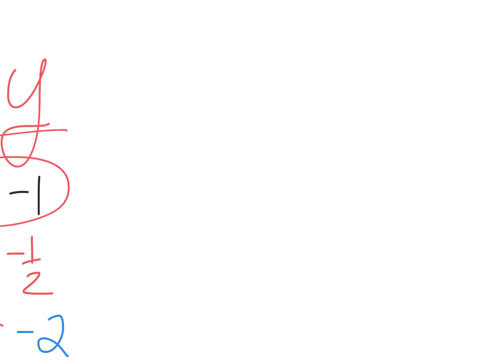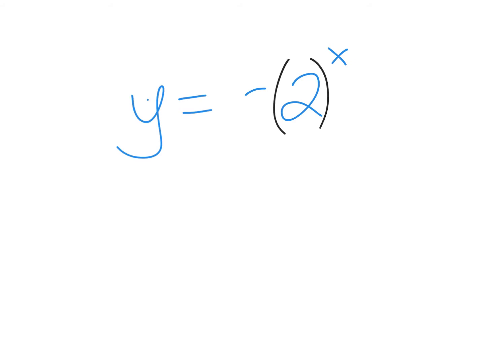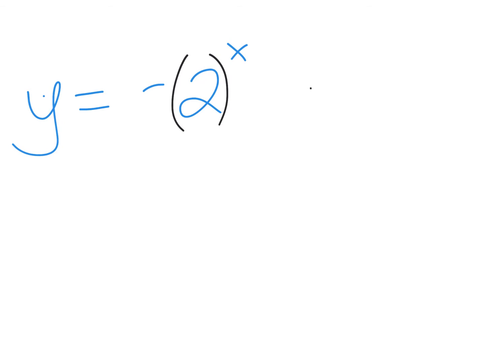All right. I'm going to do one more like that. Y equals -2 to the x. And notice I'm going to put a parenthesis right here, just like last time. Now you be careful with them this time.